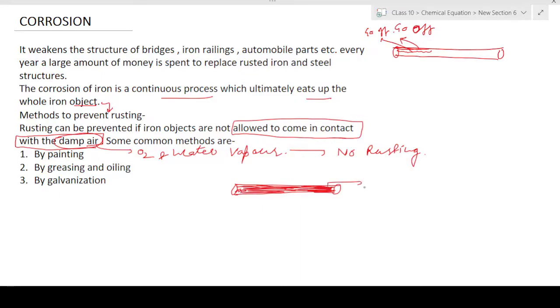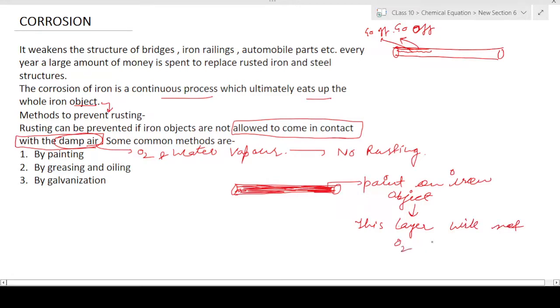Now this layer will not allow oxygen and water vapor to touch the iron, right? In this way rusting can be easily prevented.